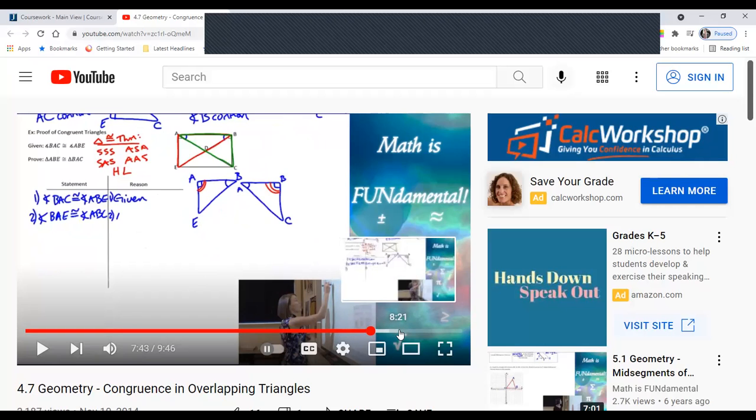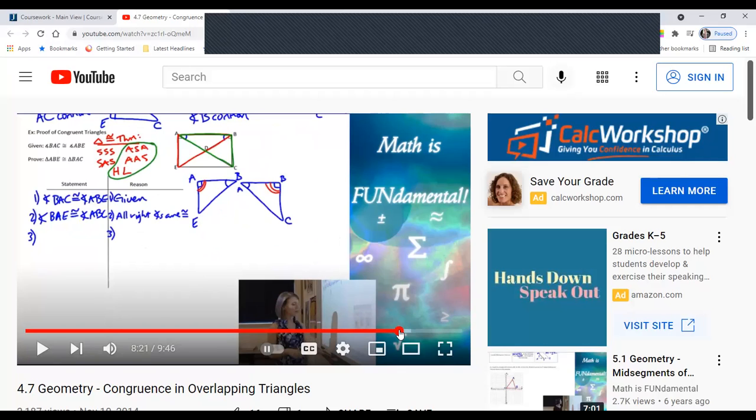And you can see here, you can use ASA or AAS, and then also you can use SSS, right? So this angle is the same as this angle.